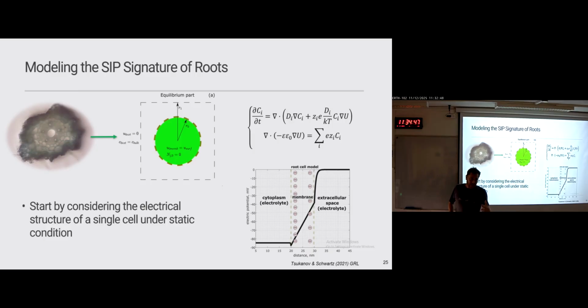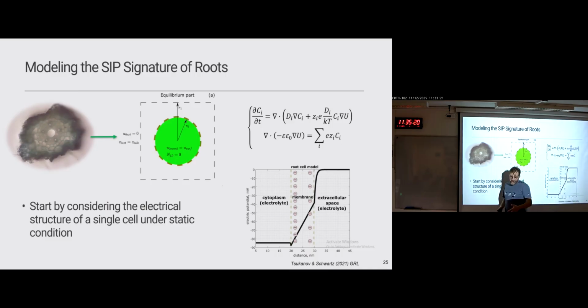Now, polarization, as I described before, electrical double layer polarization, is the movement of charged species, of ions in the electrolyte or in the cytoplasm, around a charged particle or body or cell. So we solved the Poisson-Nernst-Planck equations, which consider diffusion and electromigration.